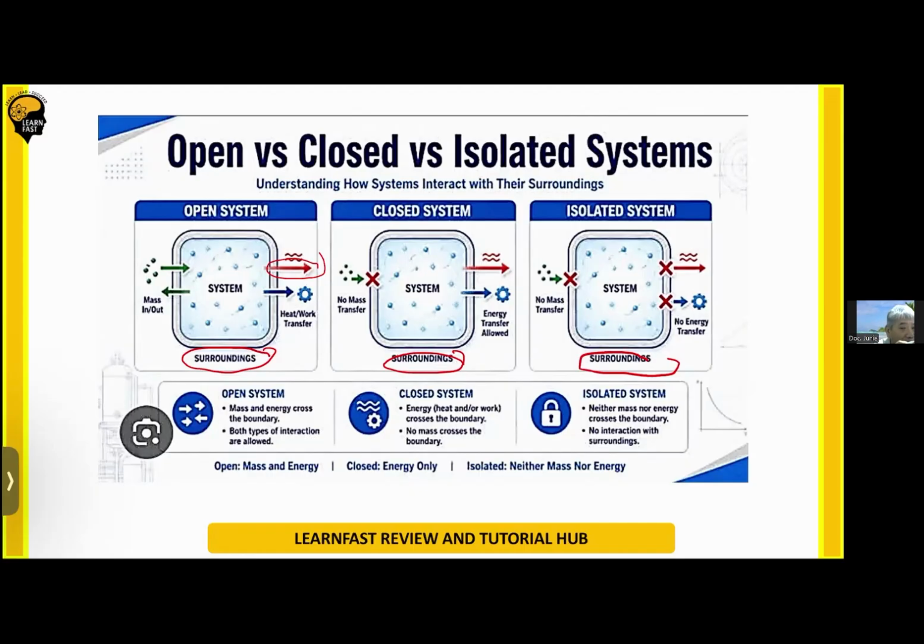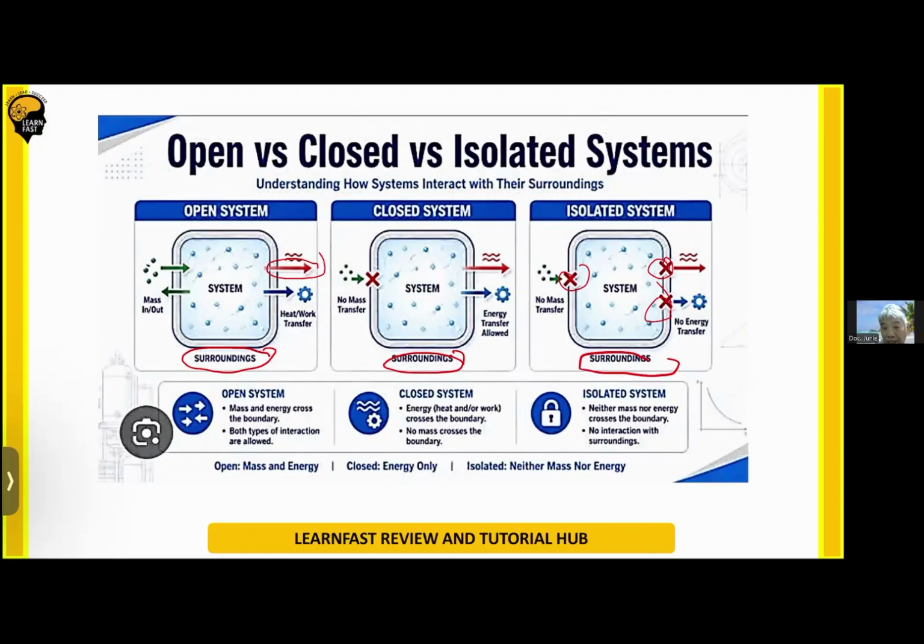In an isolated system, no mass transfer will take place. Apart from that, no energy transfer will take place. So take note of the X marks. In an isolated system, neither mass nor energy crosses the boundary.